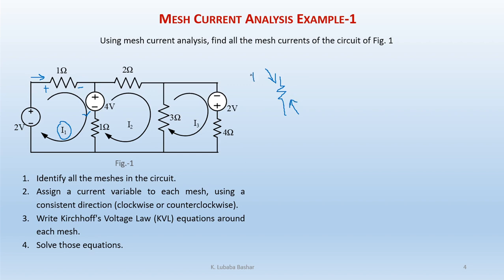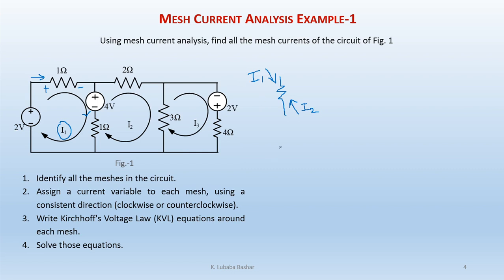A resultant current will flow through the 1 ohm resistor, not only I1 or only I2, as both of them are of different directions, entering from the upper port and from the bottom port. So a current will flow, and that will be the difference of these two.